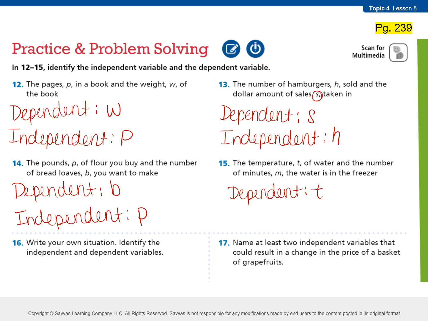My temperature is my dependent because it's depending on the amount of minutes the water is in the freezer. So my independent would be my minutes.